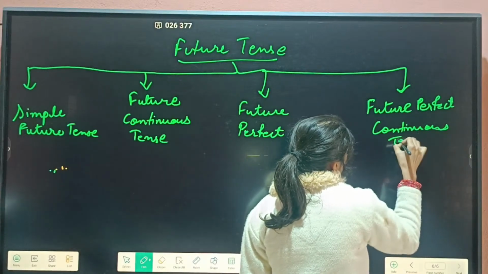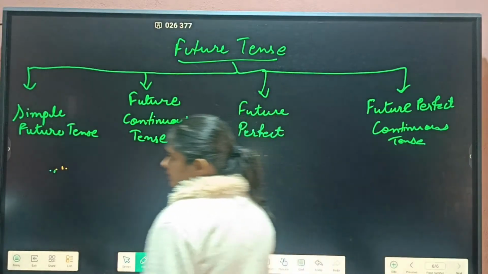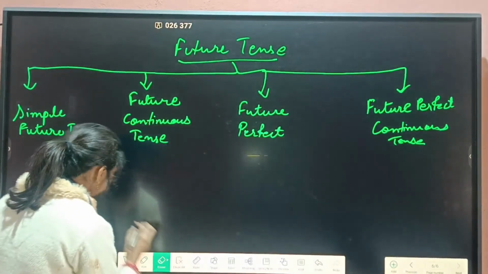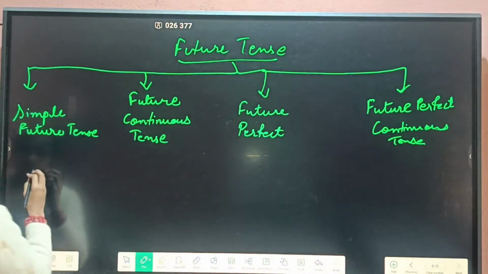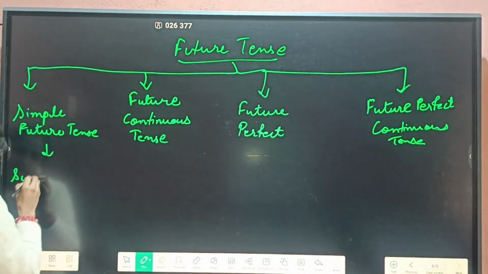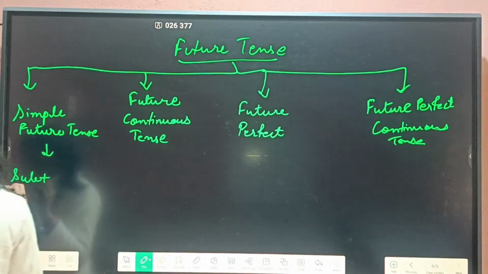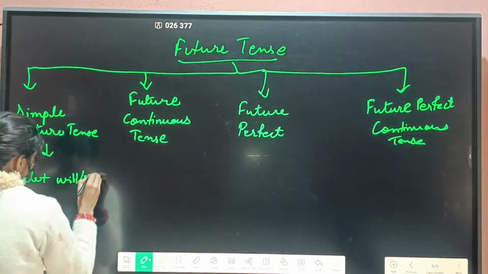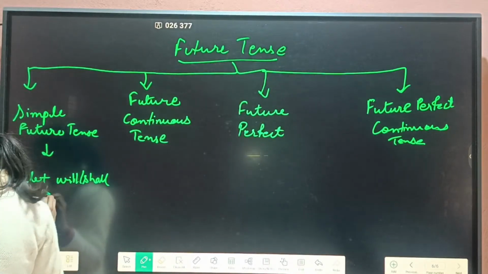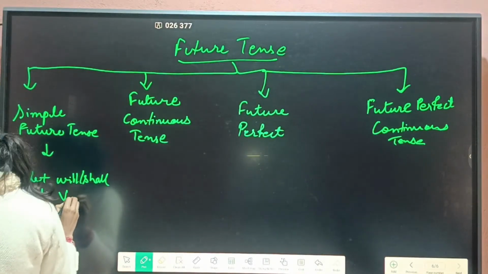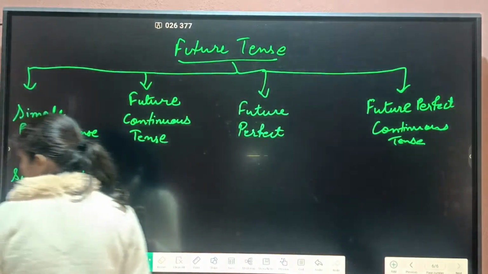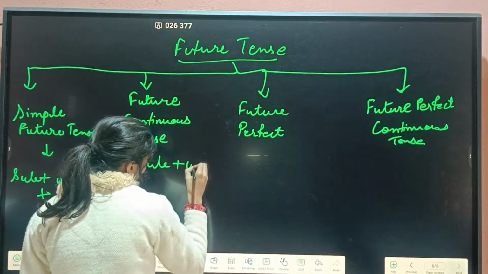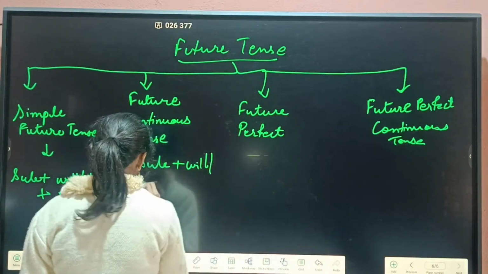Let's see the structure. Simple future: subject plus will, shall plus, the same thing, verb first form. Future continuous: subject plus will, shall.